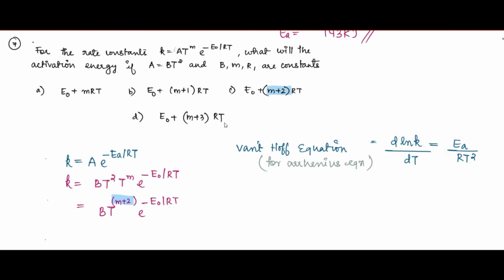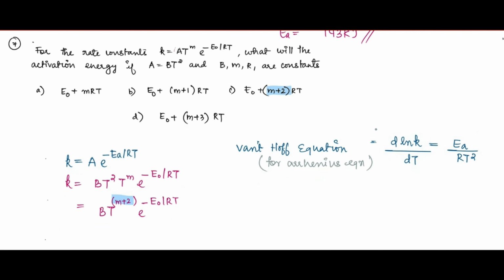Okay. Now what is it that you have to do? For the Arrhenius equation, we know the k relation, k is equal to A e to the power minus EA by RT. Here, k is something else that they have given. So for this k you will have to find d ln k by dT. So let's start. What is k?